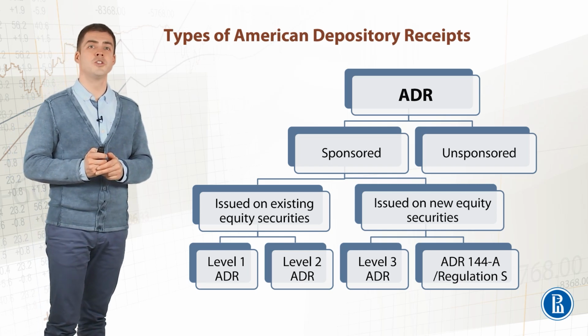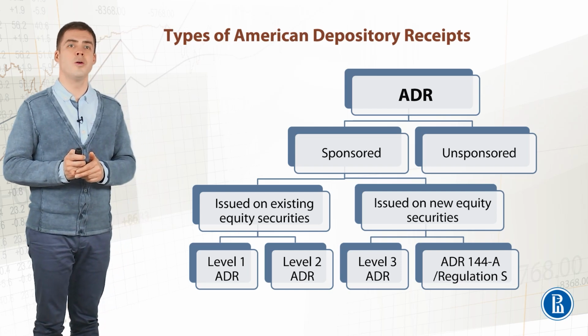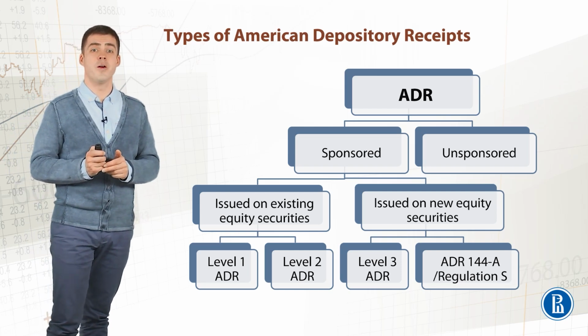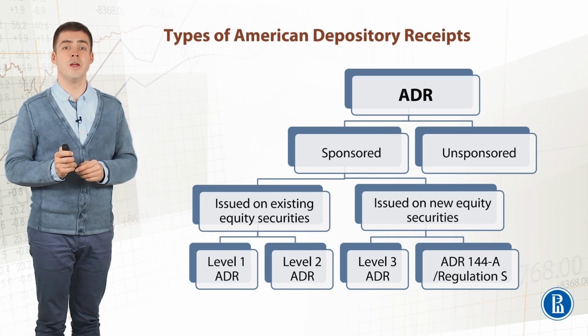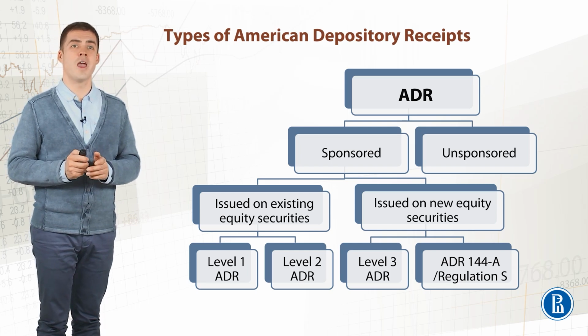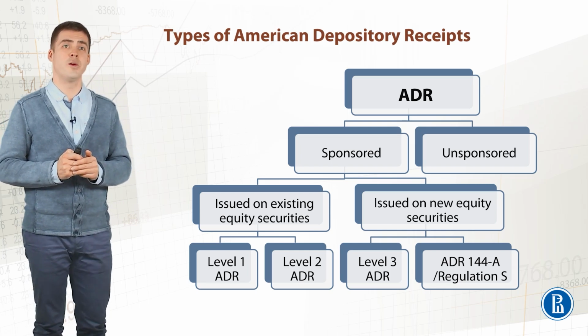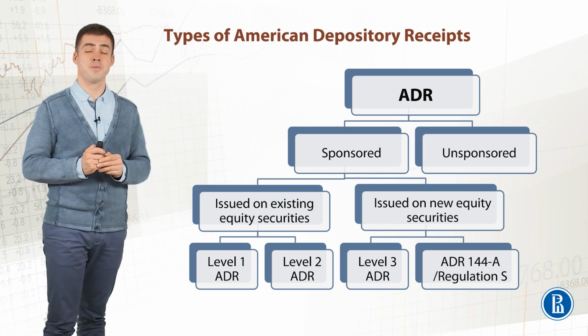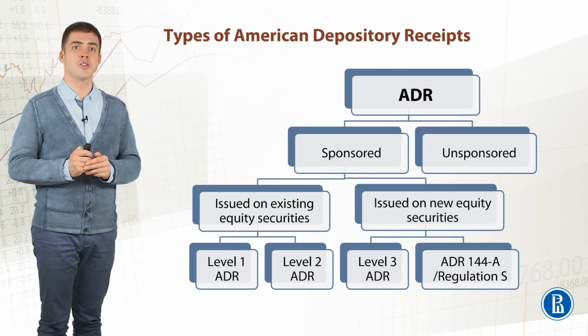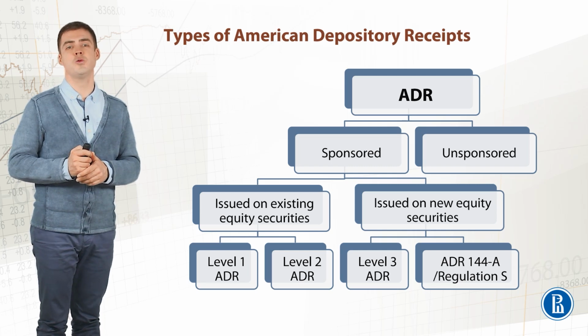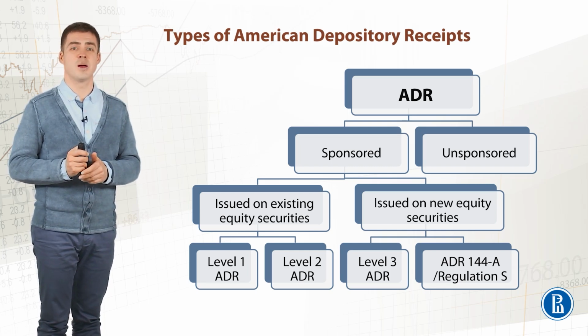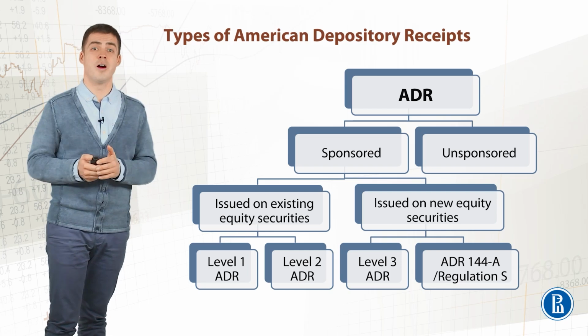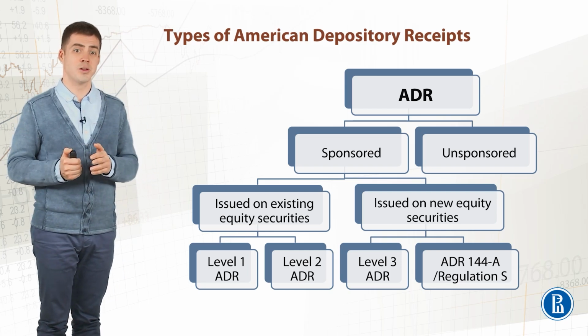A company may also undertake an IPO or SPO at the American market by issuing Level 3 ADRs or the ADRs under Rule 144A or Regulation S. There is almost no difference between Level 2 and Level 3 ADR, except that the Level 3 are issued on new equity securities.